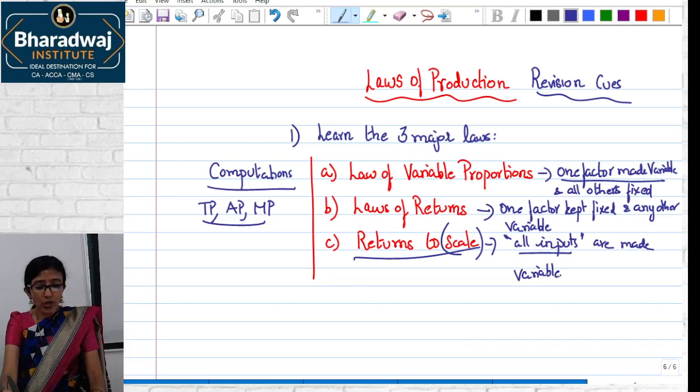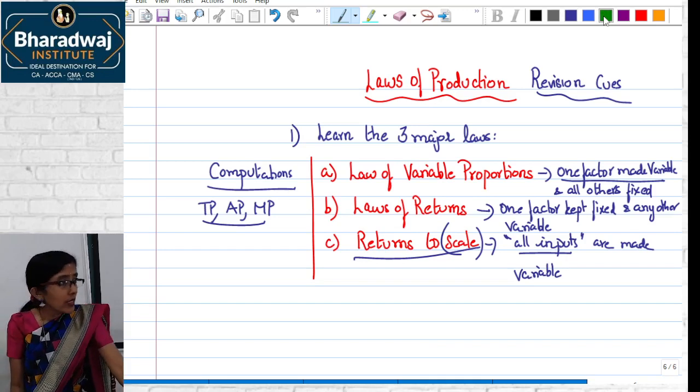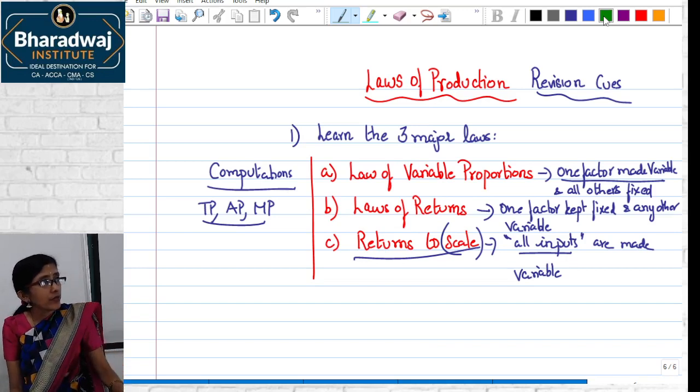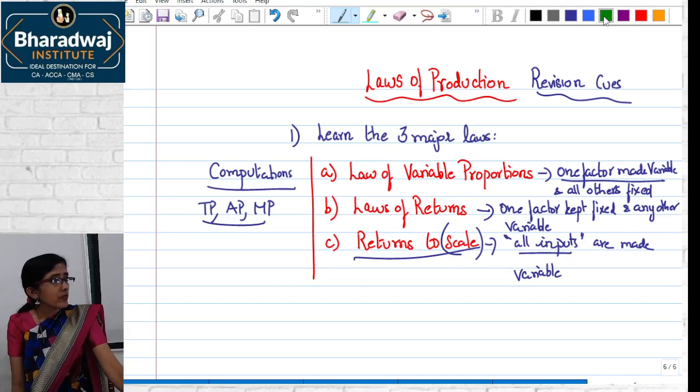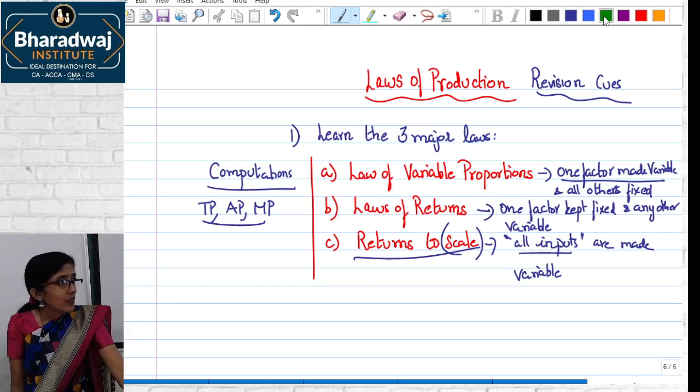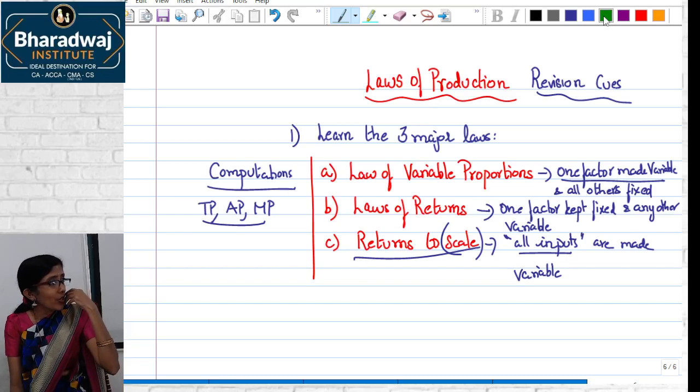Now, based on this, you are going to tell me whether the law is applicable in the short run or long run. That is another expected question. So, law of variable proportion, is it applicable in the short run or long run? Sure? Why? In the long run, there will not be any distinction as fixed and variable factor.